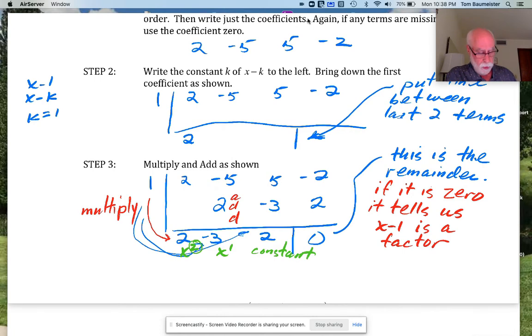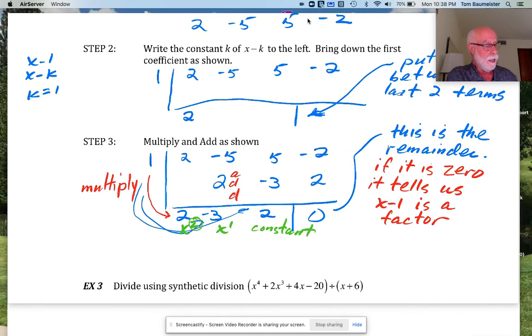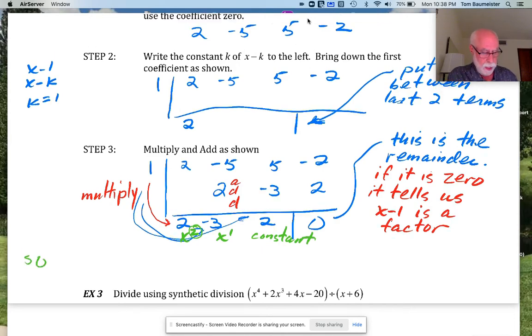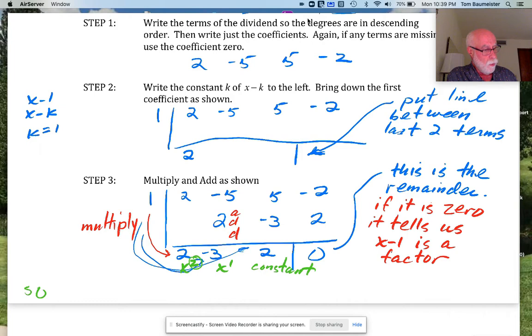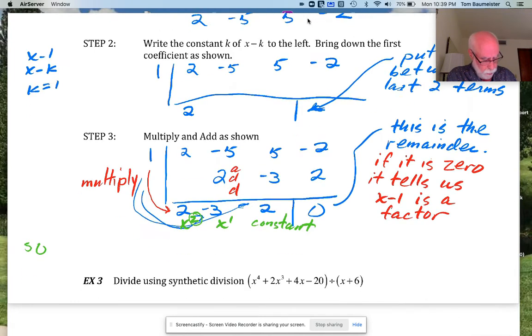So what did they have us do? 2x cubed minus 5x squared plus 5x minus 2, again divided by the binomial x minus 1.